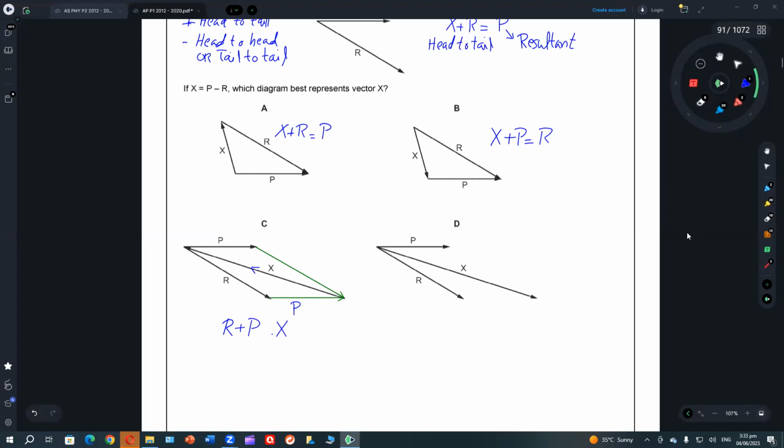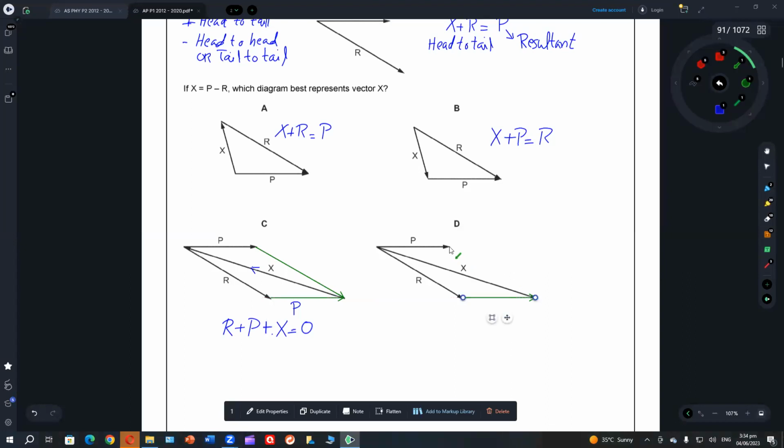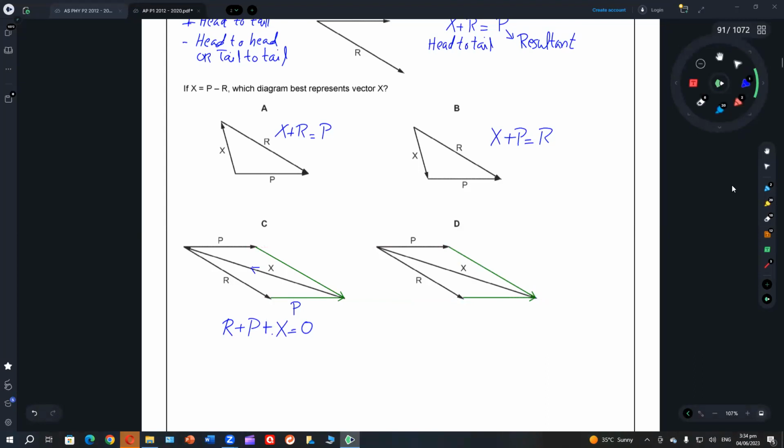Yes, there is no resultant. All vectors are being added. So in this D, it's P plus R is equal to X. Because it fits on the thing which I had made there. So A will be the answer as only it matches the equation. Yes.